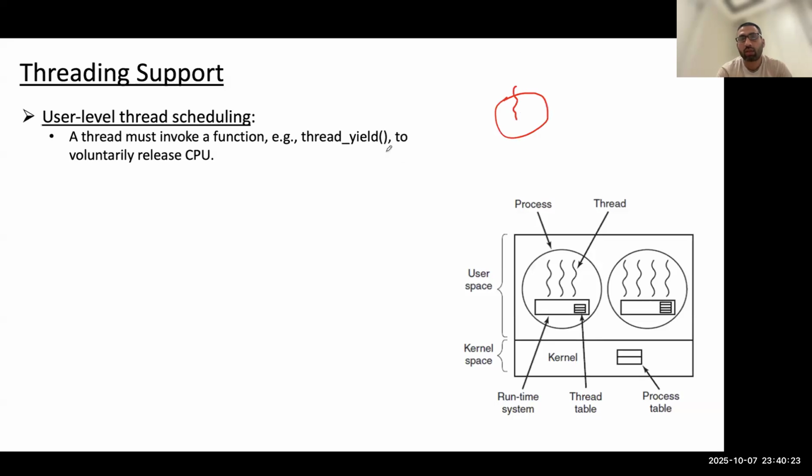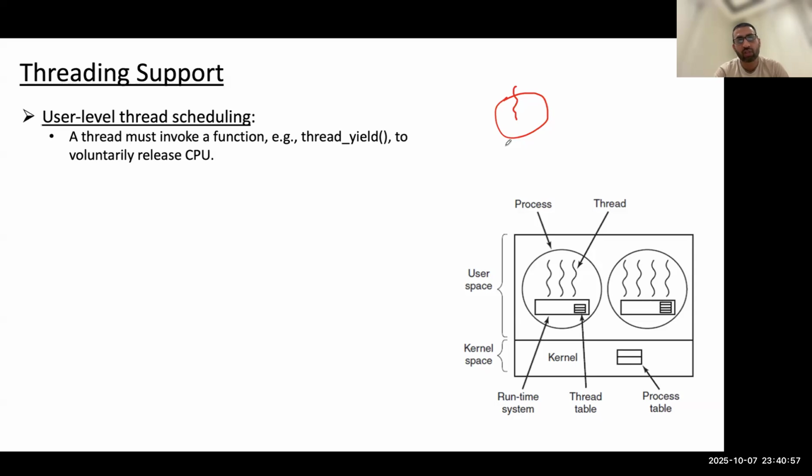There is no mechanism which we can use to kick out a thread. Let's say you have two threads of the same process, there is no mechanism which we can use to kick out a thread of one process and allow another thread of the same process to run on the core. Why? Because kicking out basically means scheduling threads, right?